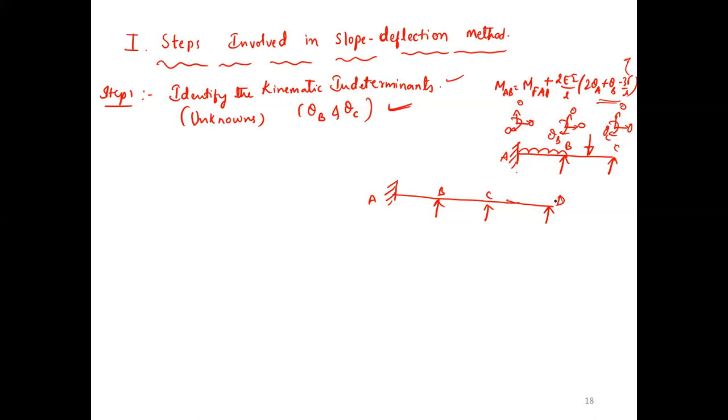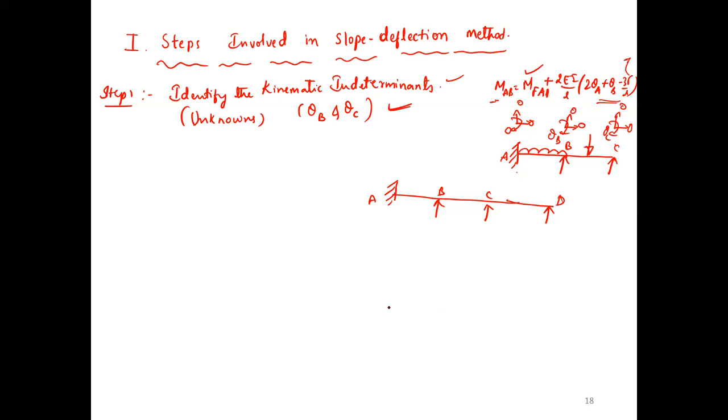So the kinematic indeterminacy is theta B, theta C, theta D, 3 unknowns. The ultimate aim of the problem is to determine those unknowns and substitute them in this equation, and you get the final moment. You know MFAB, MFBA, and the equations for UDL and point load. EI you know. Once theta comes, you substitute it here and you get the final moment. That's the problem.